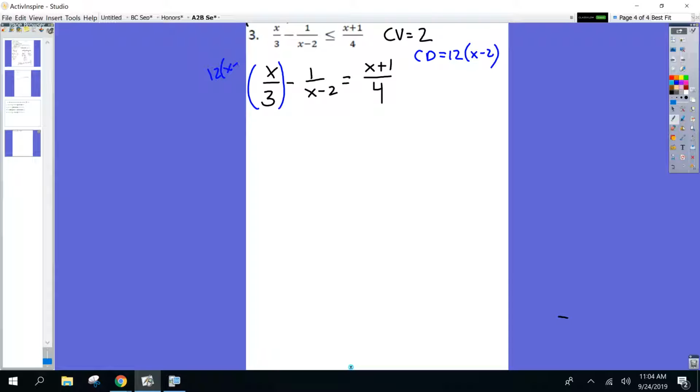12 times x minus 2. What's going to cancel? The 3's gone and the 12, but what's left? A 4. Now, we talked about this. How many things am I asking you to multiply right here?